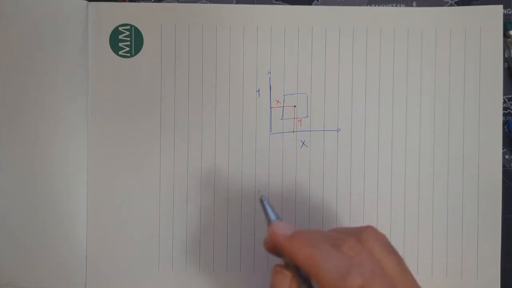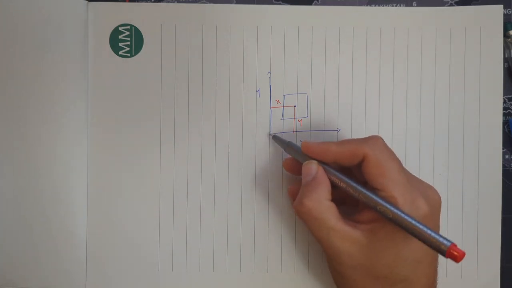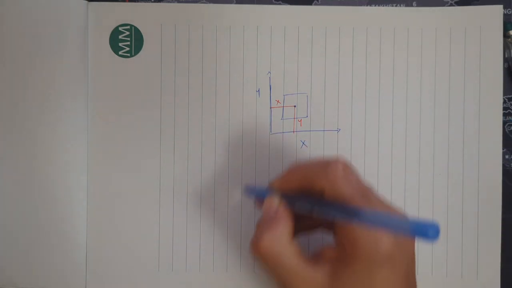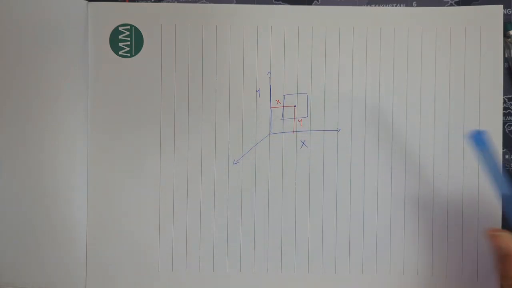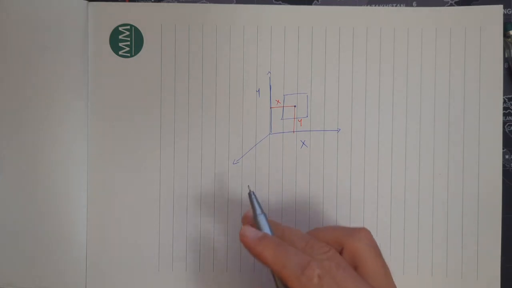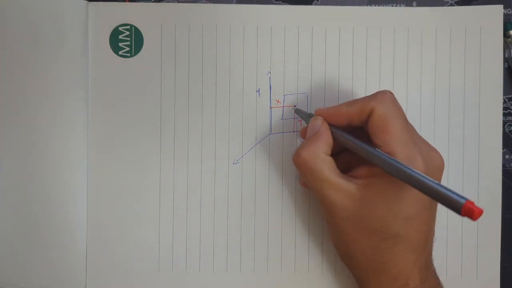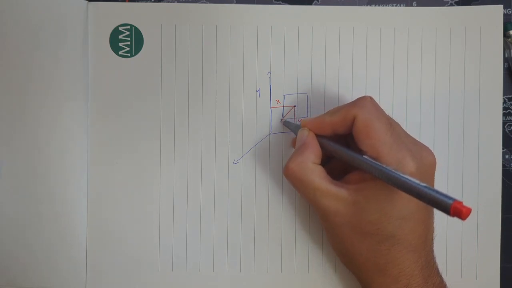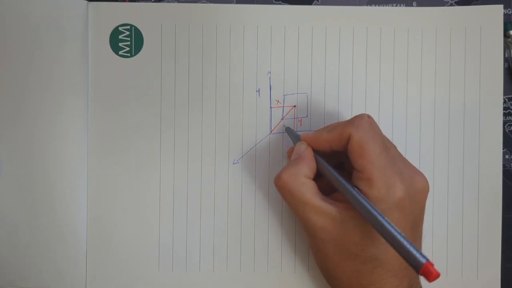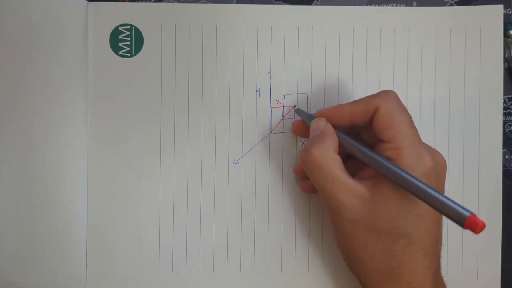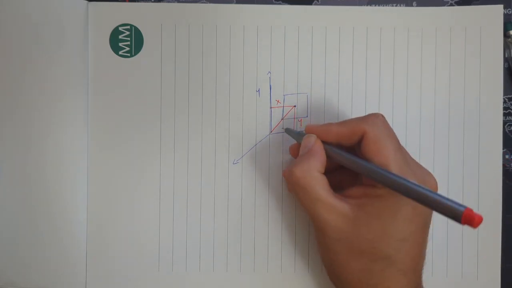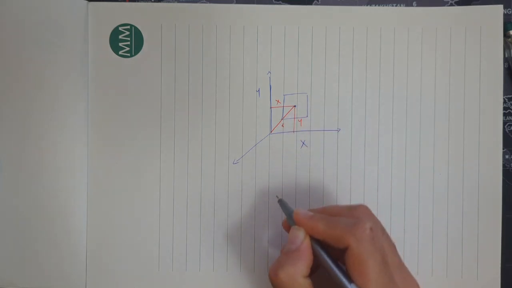But if we have another axis, which is z, and we want to know the moment of inertia compared to the z axis, the distance between here and the z axis, we call it r.